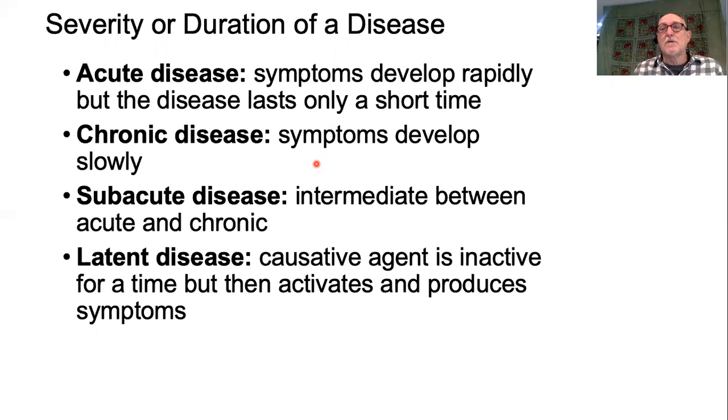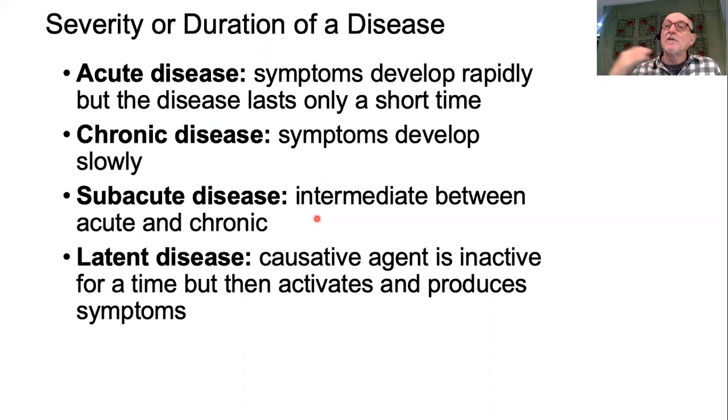A subacute disease is intermediate between the two. It is a disease such as, for example, Lyme disease, where very often people only suffer a little acute episode and then it passes and they don't have anything more. But in some people, they develop an ongoing infection, which has important sequelae.